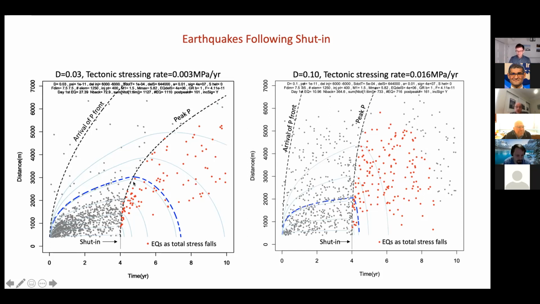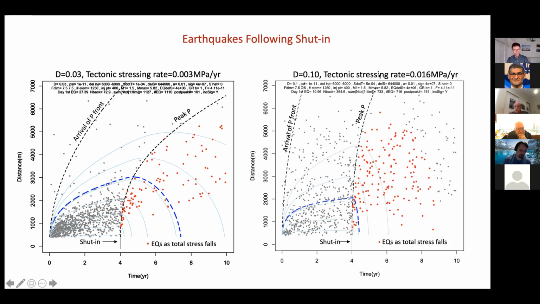Now, presumably here where we had a lower tectonic stressing rate, eventually these red dots would convert to black dots because the excess pressures due to injection have diffused away. But I didn't run the simulation long enough to find it.